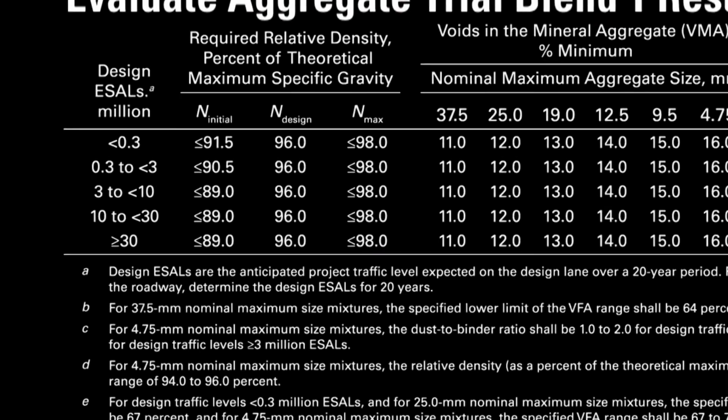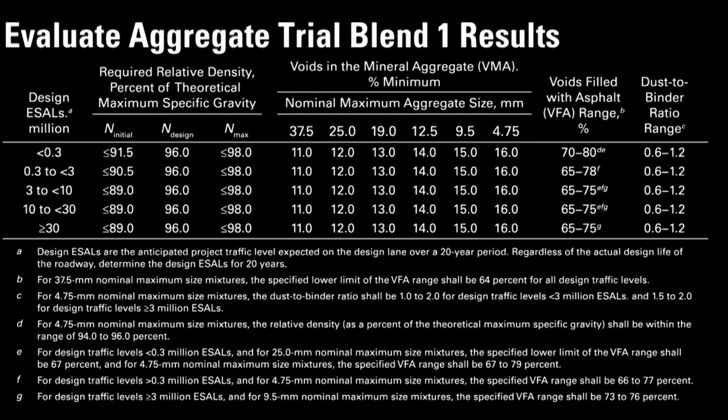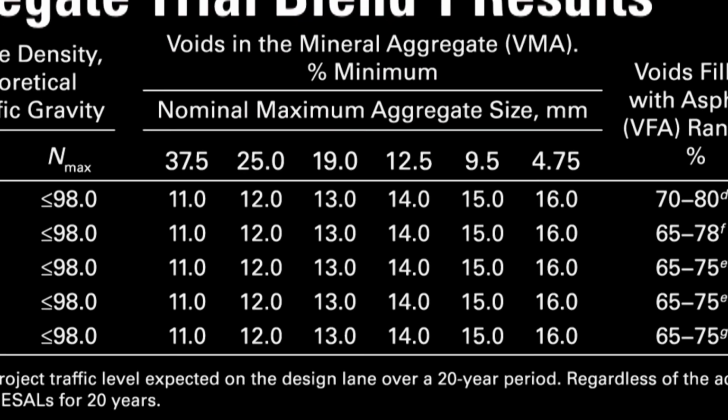The next requirement that we need to check is our voids in mineral aggregate, which we abbreviate VMA. The voids in mineral aggregate represents our effective binder and air void content that fills the space between our aggregate particles. Our requirement for our VMA is a function of our nominal maximum aggregate size.